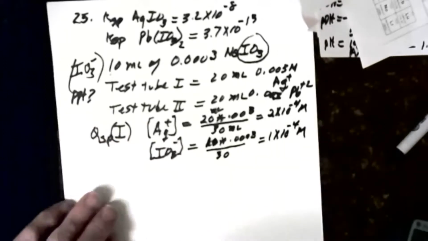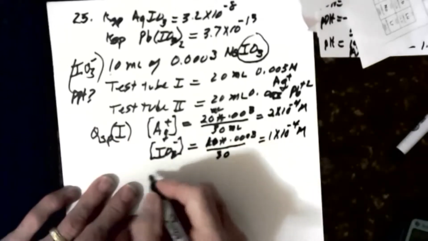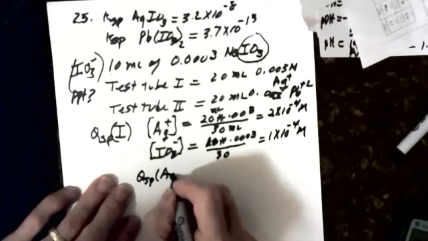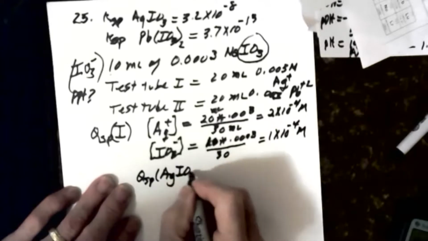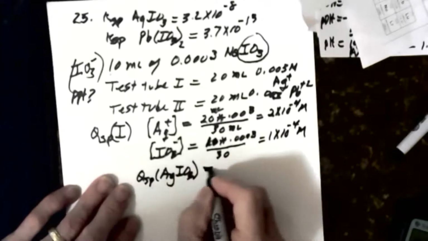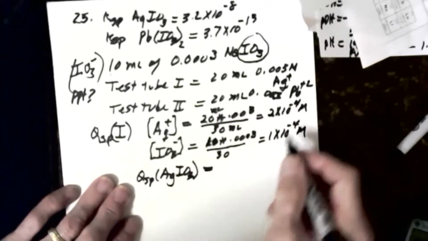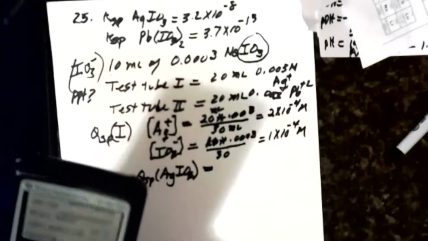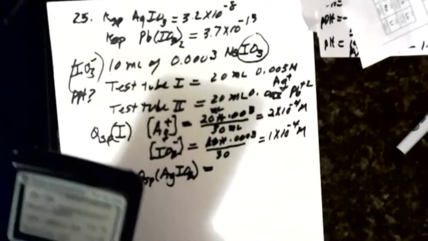Now, the QSP for silver iodate is going to be this times this. So 2 times 10 to the negative 4 times 1 times 10 to the negative 4.